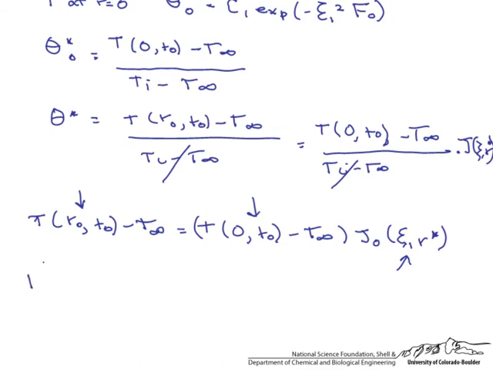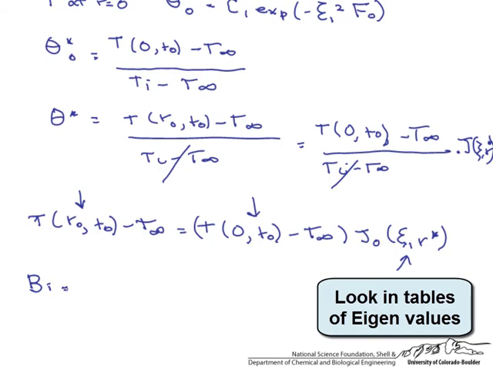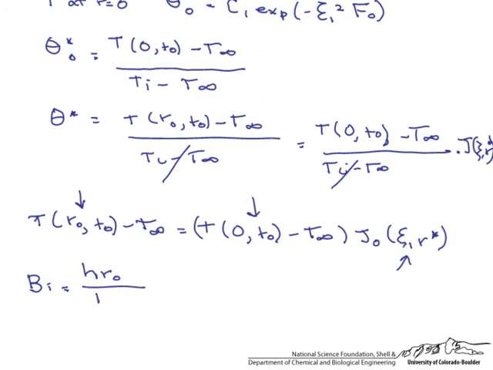So the next step is to try and find this eigenvalue. So it's in table 5.1, and we look at it under our Biot number. Remember, though, the ones that it's calculated for, it's not r outside divided by 2. It's r outside radius. So when we calculate this, we end up with 0.6. So then we look up in table 5.1 the eigenvalue, and that equals 1.0184.